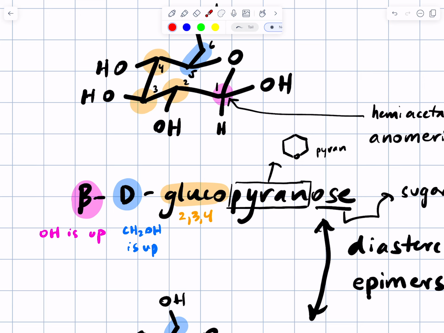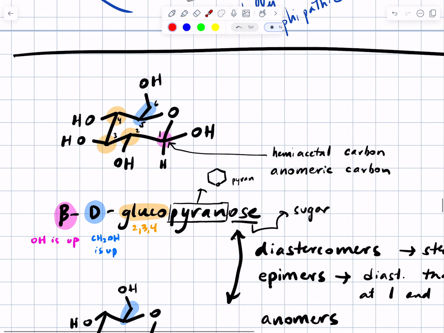There are a lot of ties, and sometimes you have to go out a long way. So I don't recommend it. It's easiest just to memorize beta D-glucopyranose as being this cyclic hemiacetal form where all the OHs are equatorial and where the CH2OH, the hydroxymethyl group, is also equatorial.